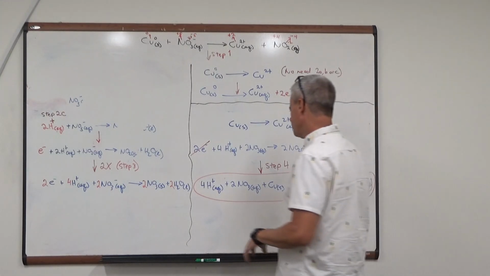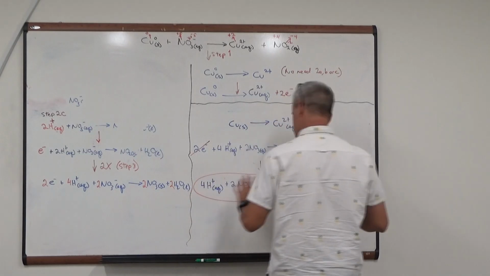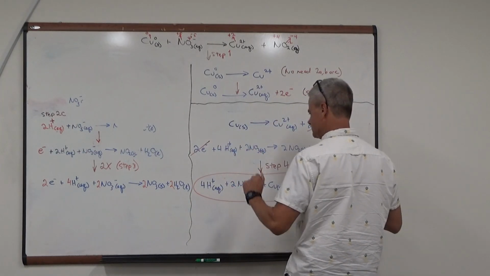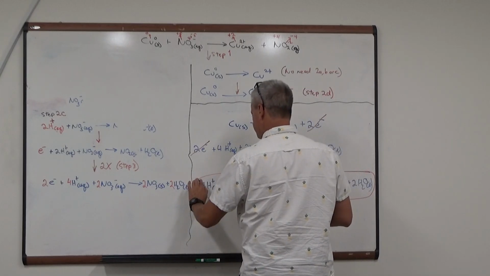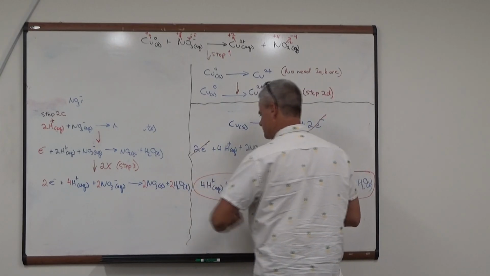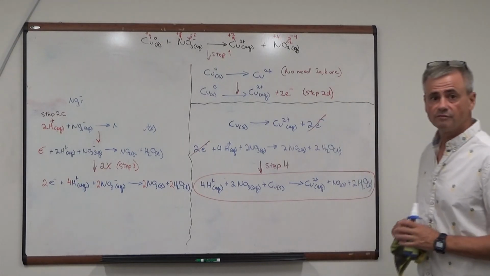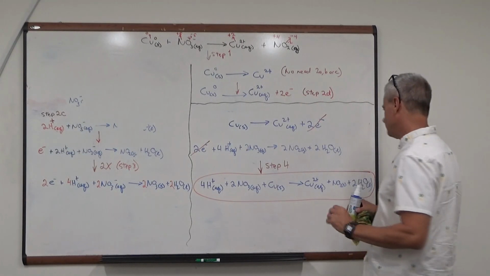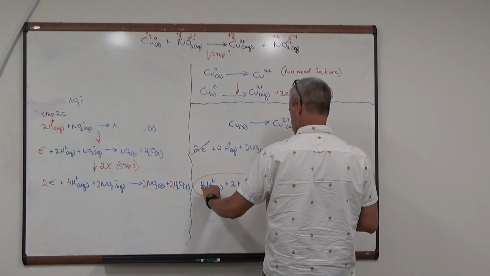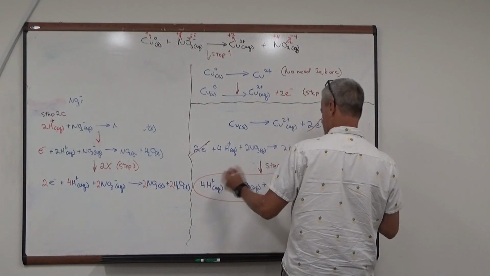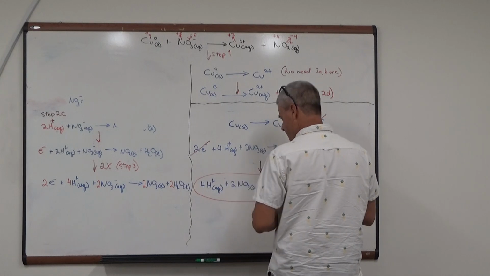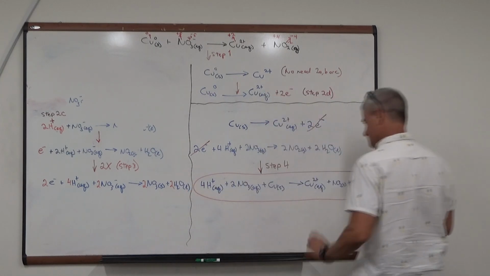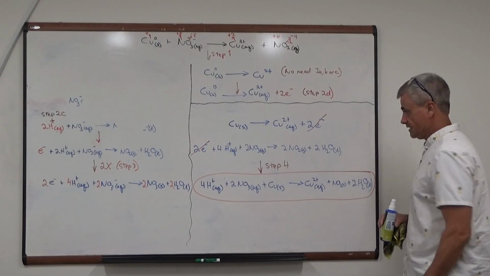So what we're going to do is add, one thing you do to one side of the equation, you do to the other, and you haven't changed it. So we're going to add enough hydroxides to get rid of the H pluses, and we'll do it on both sides. If we were doing this one in basic solution, we would add 4 hydroxides on that side, 4 hydroxides on that side.